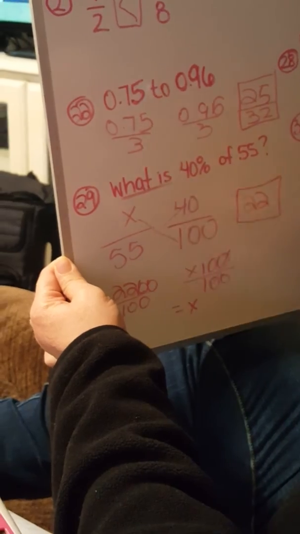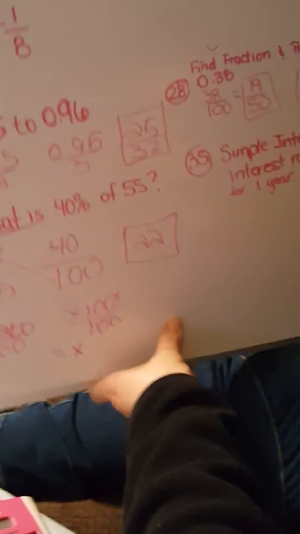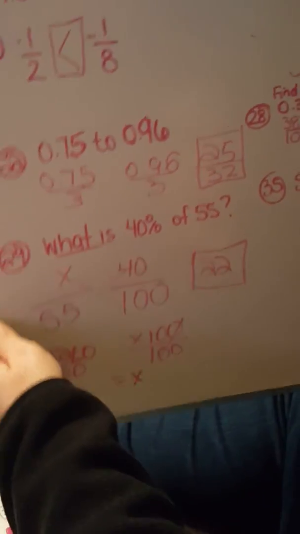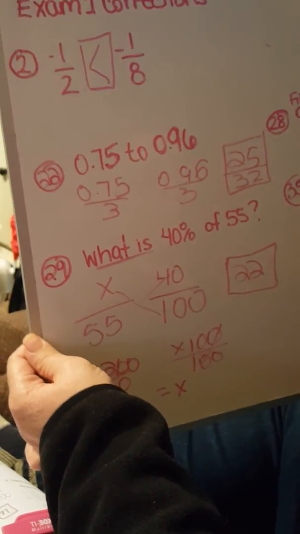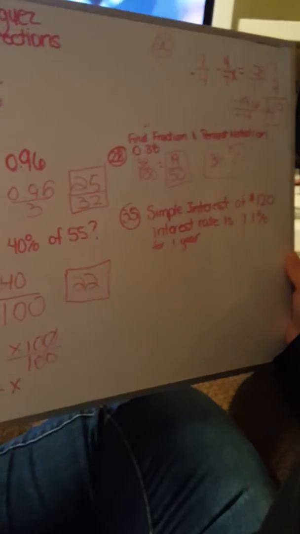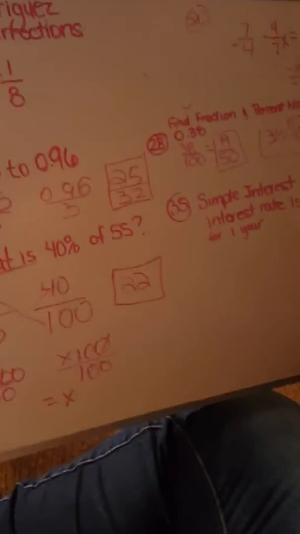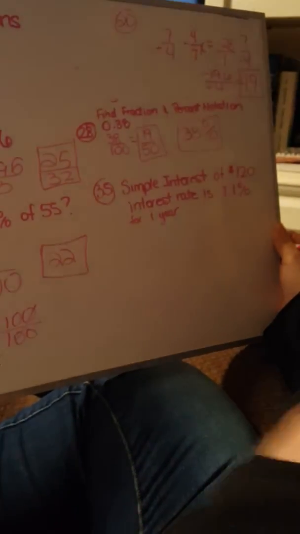Okay, so 35 is the simple interest of 120 with the interest rate being at 7.1%. How much is that simple interest? And so it's basically what is the simple interest on a principal of 120 at the interest rate of 7.1 for 1 year?